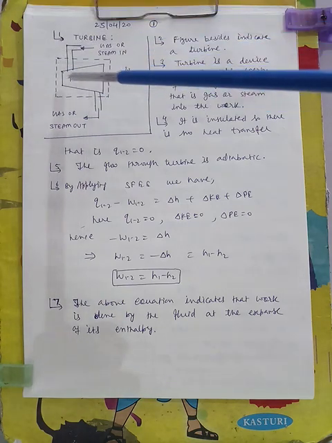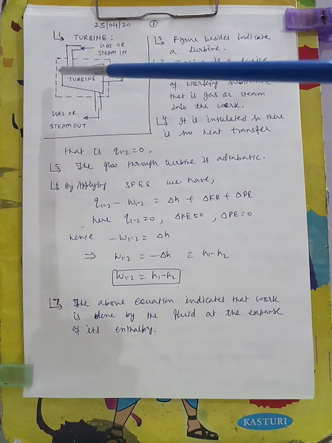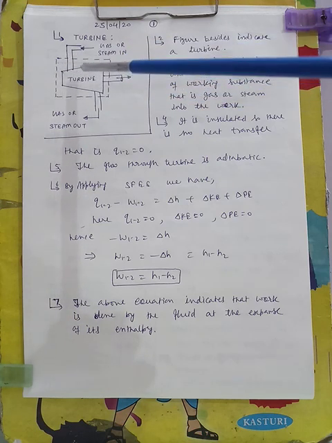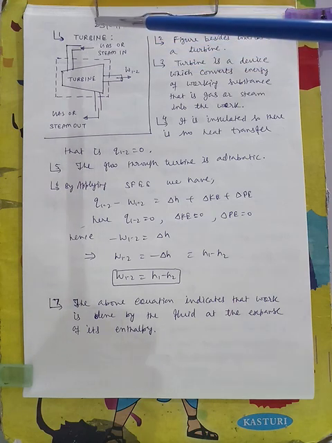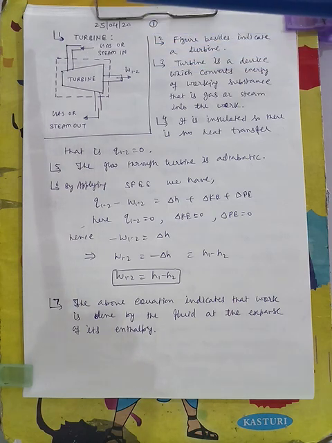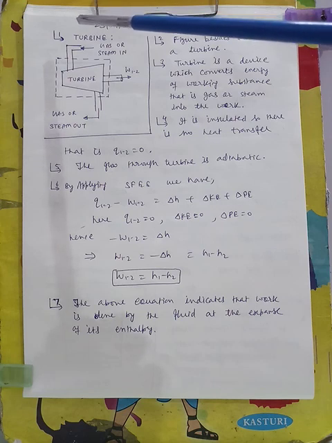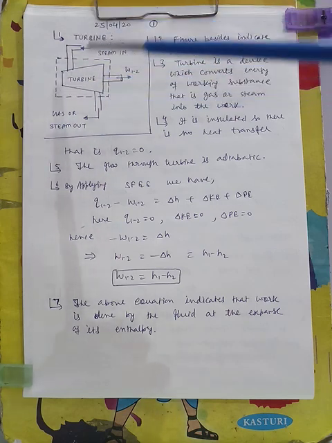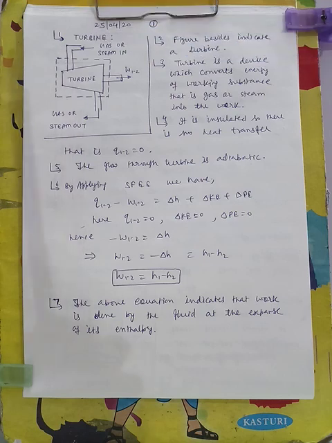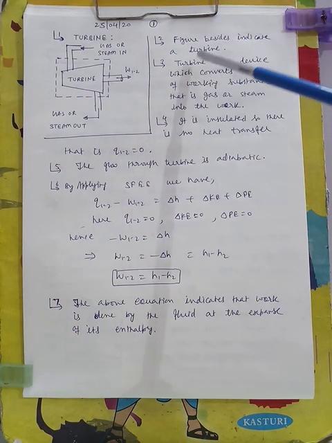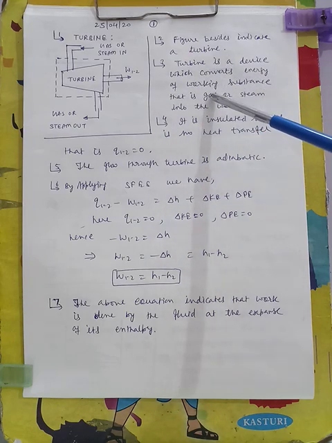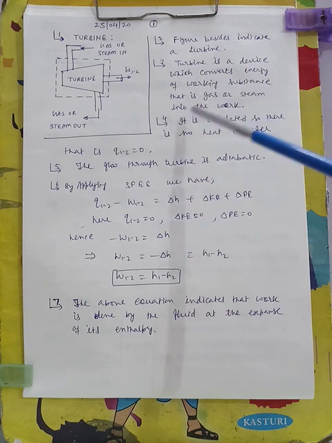Mostly this turbine system is insulated, so heat transfer into the system and out from the system is zero. So the flow through turbine is mostly adiabatic. So here we have considered that flow through this turbine is adiabatic. Turbine is a device which converts energy of working substance, that is gas or steam, into the work.